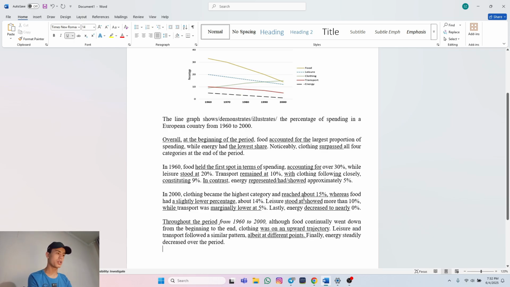Finally, the last category is that energy steadily decreased over the period. There is no need for explanation for this, because energy decreased from the beginning to the end. Like this, steadily. Not dramatically, not marginally, just steadily decreased over the period.